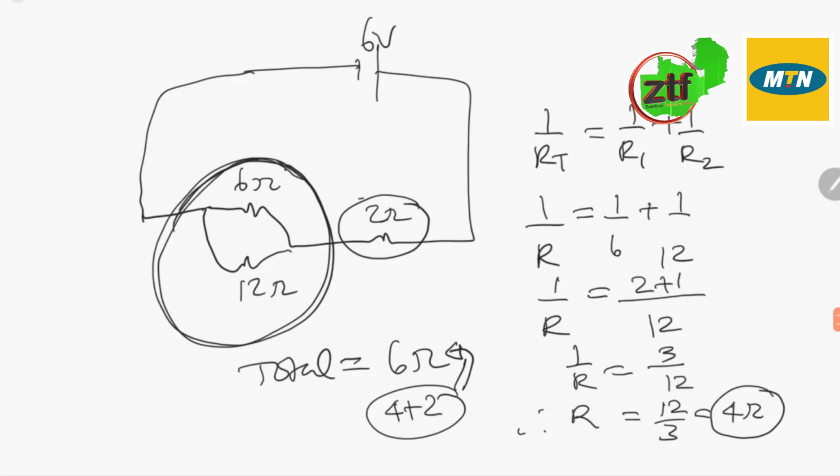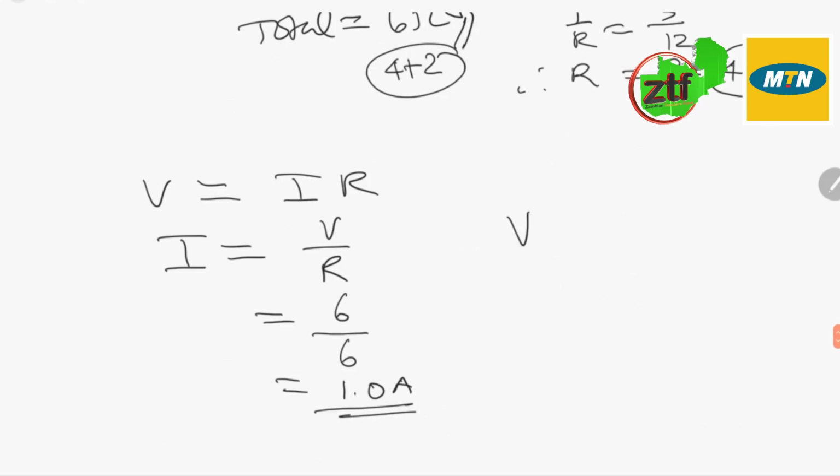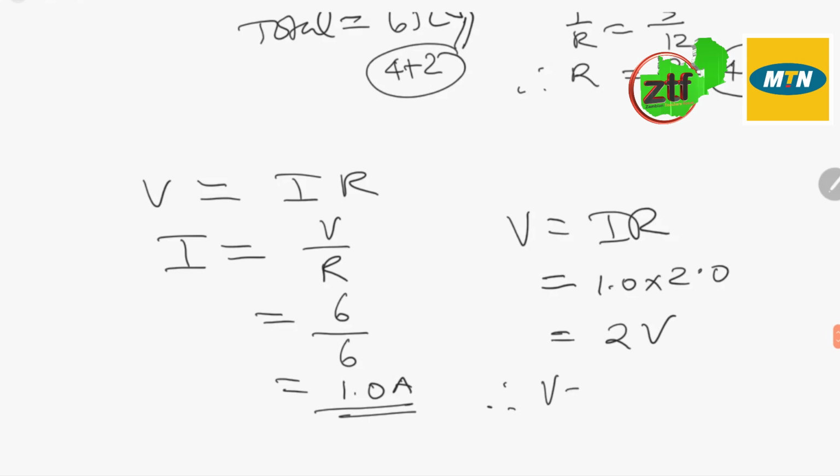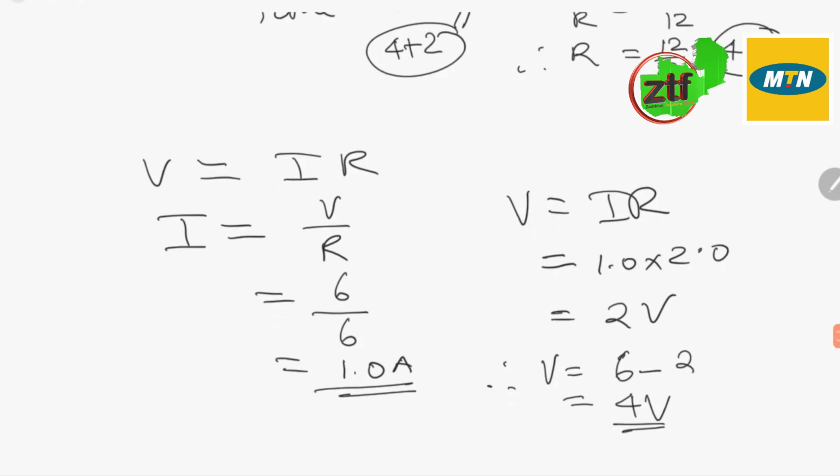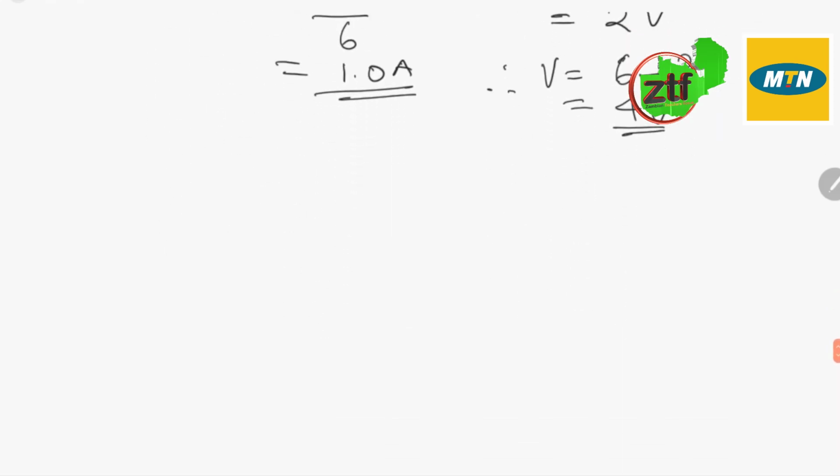So in the 2 ohms, we have V equal to IR, so that the current flowing is 1.0 times the resistance, which is 2, and then that will give us 2 volts. That means that the voltage across the 2 resistors in parallel is actually 6 minus 2, which is 4 volts. These two are at the same potential difference, which is 4 volts.